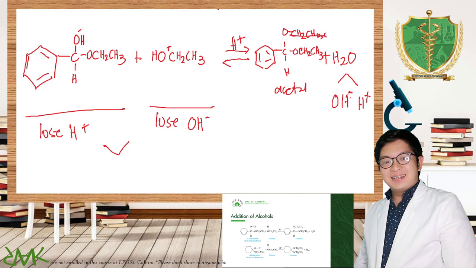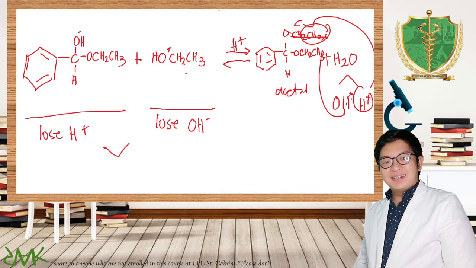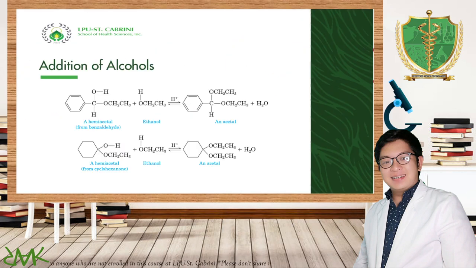Lose this one, then enter here, this and this, to give you alcohol and your hemiacetal. So that is what we call the addition of alcohol to hemiacetal. I hope you understand. Don't worry, questions will be entertained in our synchronous session.